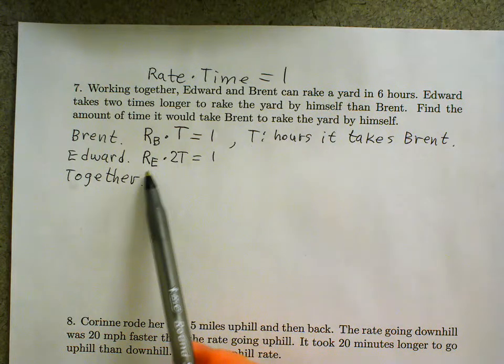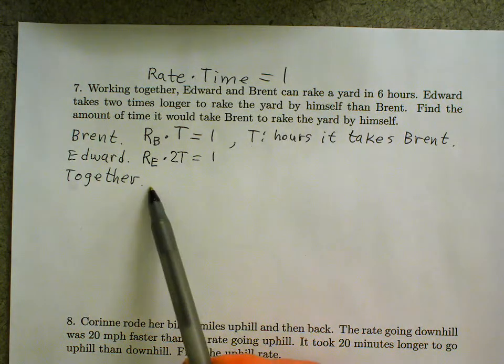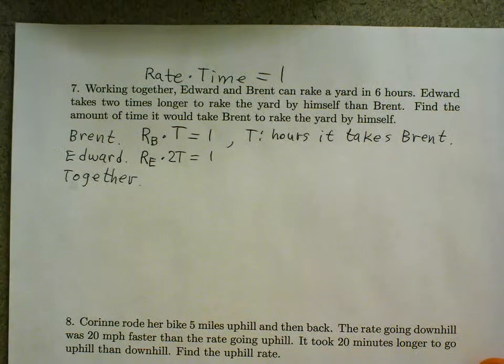So for Edward, we have rate times time equals 1. And then when they work together, RB plus RE times T equals 1. Well, how much time does it take them when they work together?